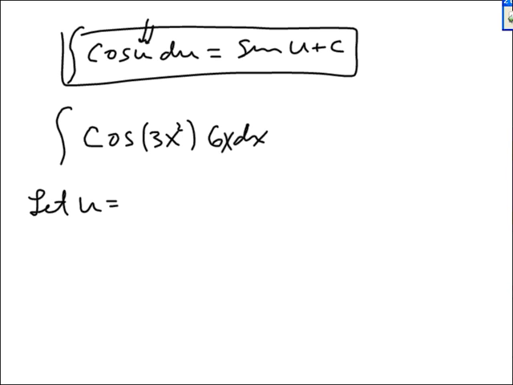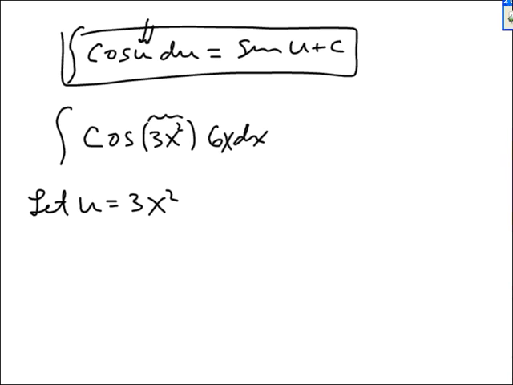Let u equal the angle. The only time you wouldn't let u equal the angle is if the angle was x or y or z. But since it's more complicated than just x or just y or just z, we call it u.